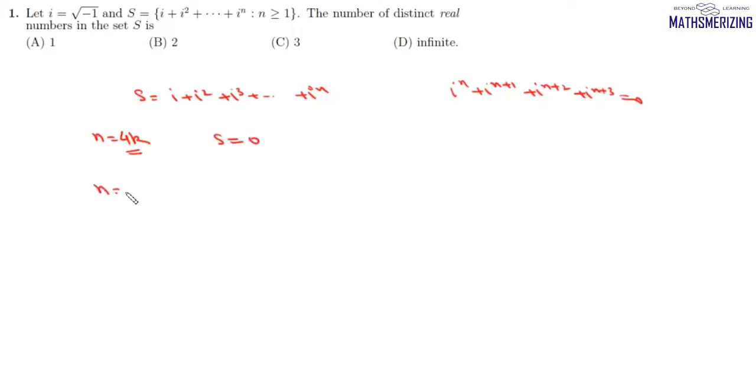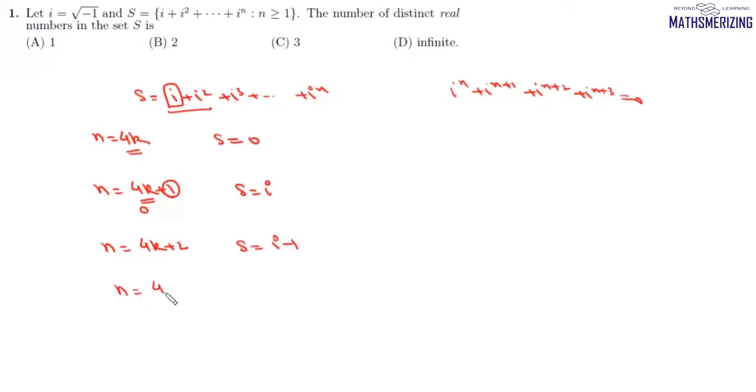Now, if n is of the form 4k plus 1, we'll have k groups of 4 and then we're left with one number. The sum of all these groups of 4 will be simply 0, so this sum will be simply iota. If n is of the form 4k plus 2, we'll have two remainders, so S equals iota plus iota square, which is iota minus 1.